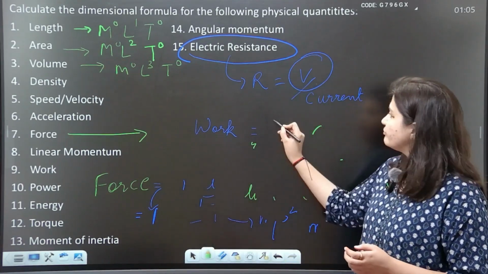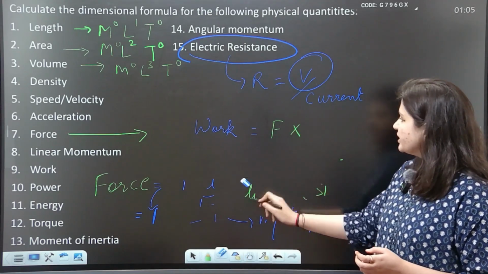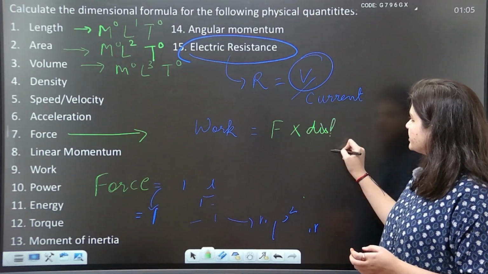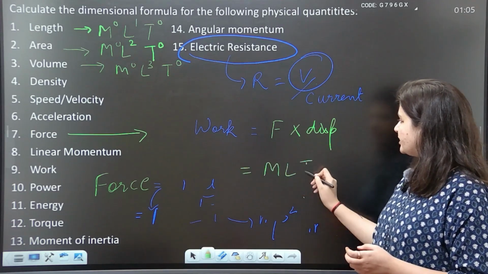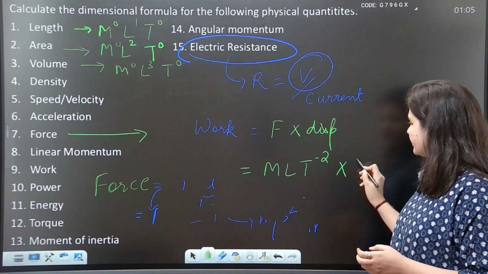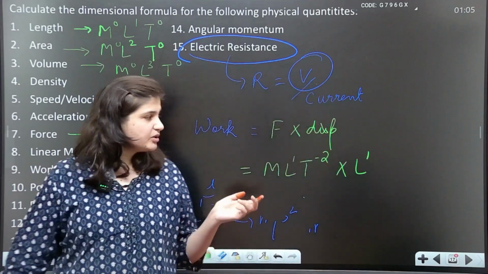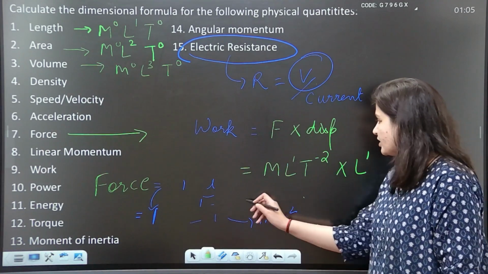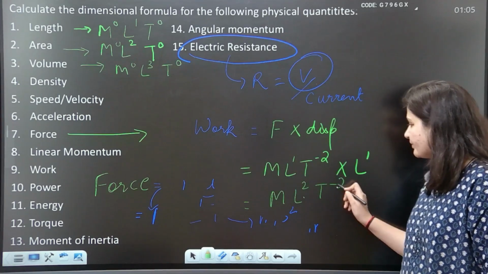What is work? Work is force into displacement. Force is M L T to the power minus 2, and displacement is L to the power 1. So work is M L square T to the power minus 2.